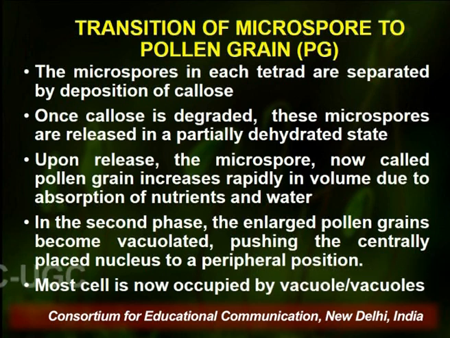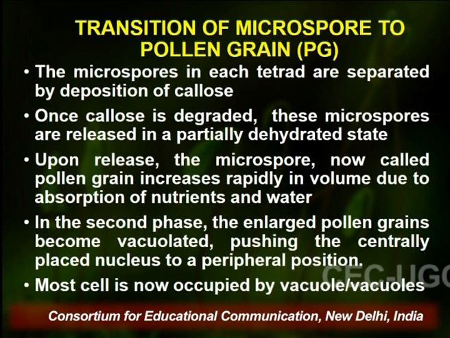The microspores in each tetrad, we just discussed, are separated by deposition of callose. Once the callose is degraded, of course by the callase enzyme, these microspores are released in the anther locule and they are present here in a partially dehydrated stage.